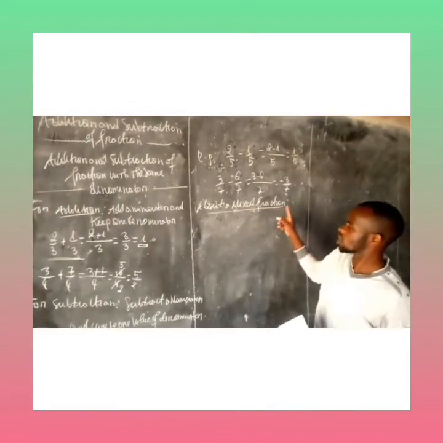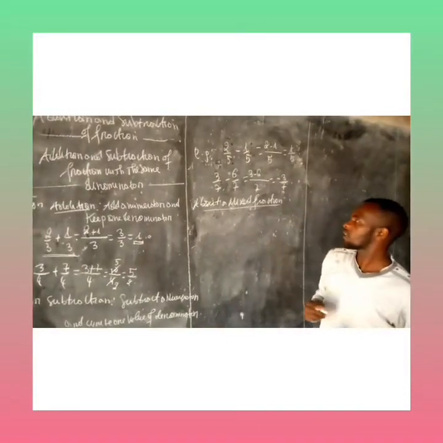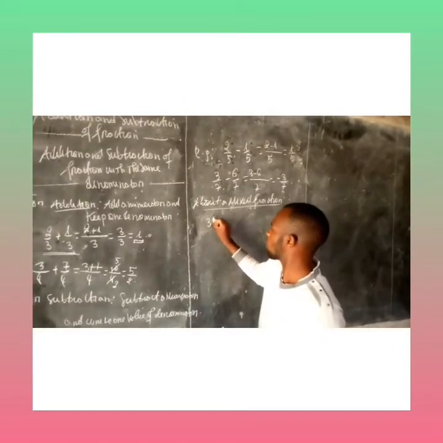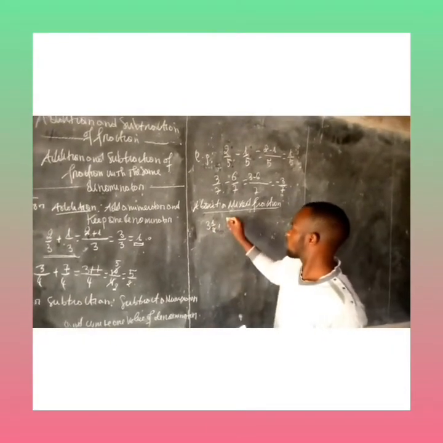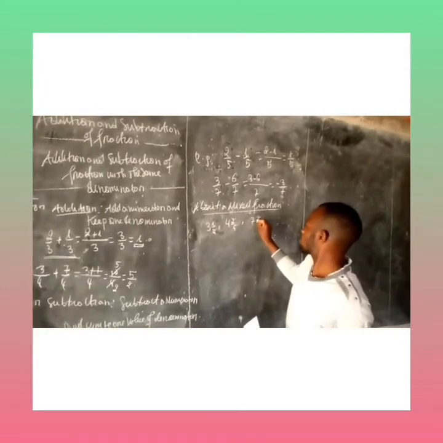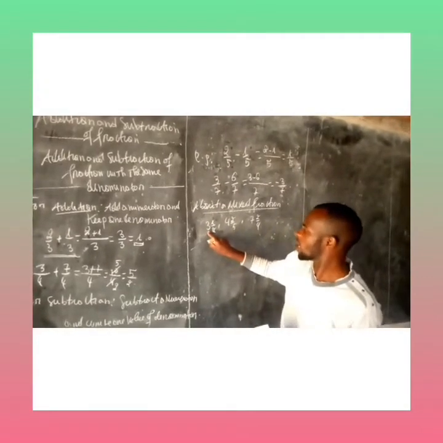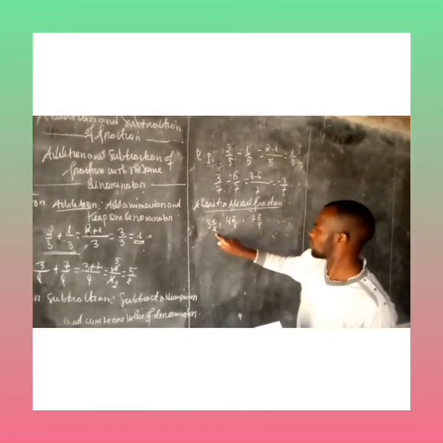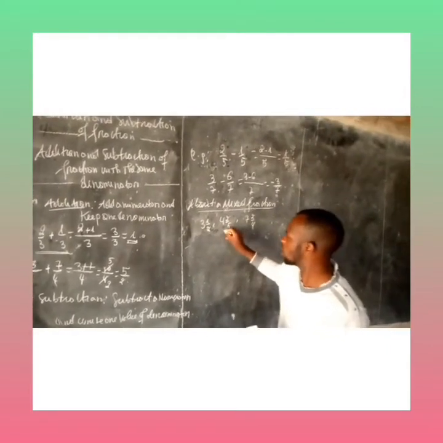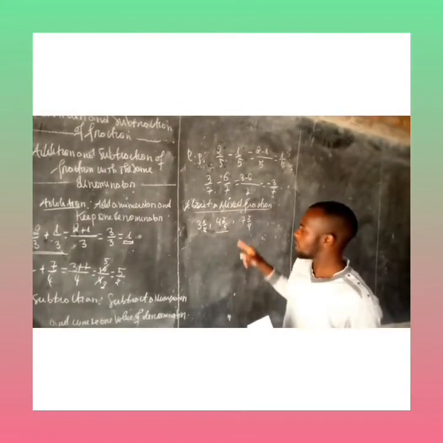Examples of a mixed fraction: 3 1 over 2, 4 2 over 5, 7 2 over 4. Here 3 is a whole, while 1 over 2 is a fraction. 4 is a whole, while 2 over 5 is a fraction. This is what you call a mixed fraction.